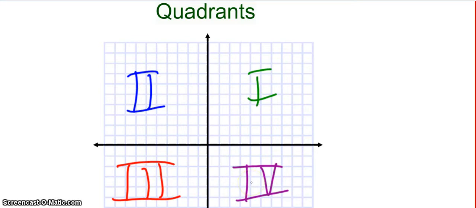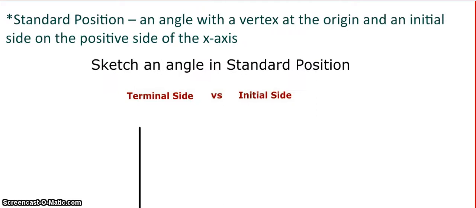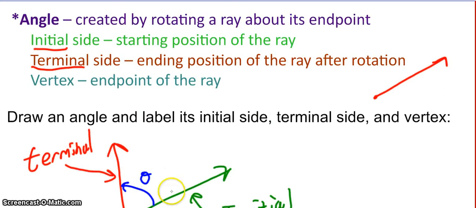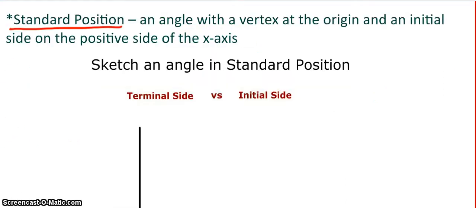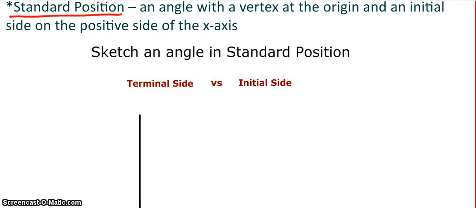That's going to be really important when we're talking about trig, because a lot of times we deal with quadrants with trig, and this will all come up later. But it's going to be really important for the next part, which is when we talk about an angle in what we call standard position. So the angle that I drew before is just some arbitrary angle in space. But a lot of times when we're dealing with trig, we're referring to angles in standard position.